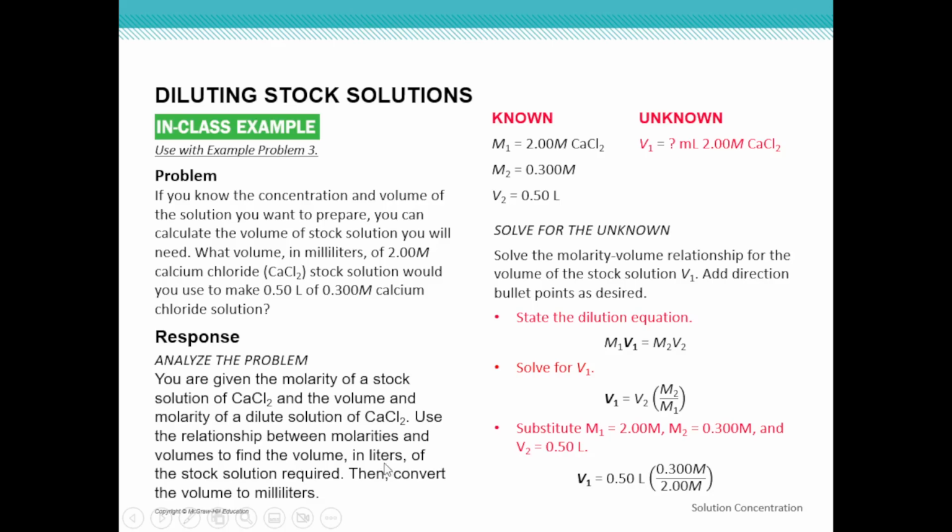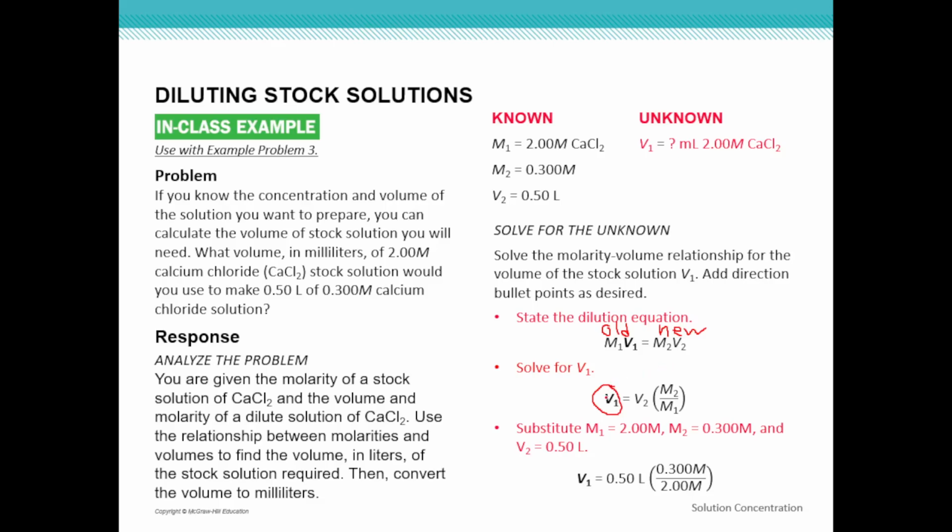Another way of thinking about this is, while they're saying M1, V1, M2, V2, you could also think about this as the old solution, the original stock solution that you're starting with, and then the new solution on the right side. So we want to know how much of the old solution we need to water down.